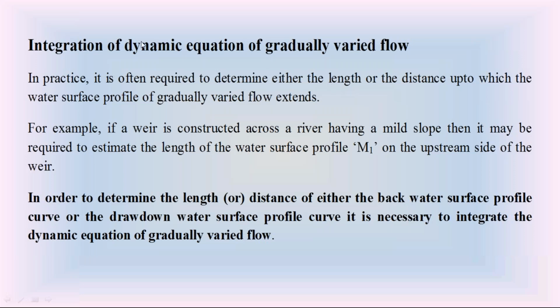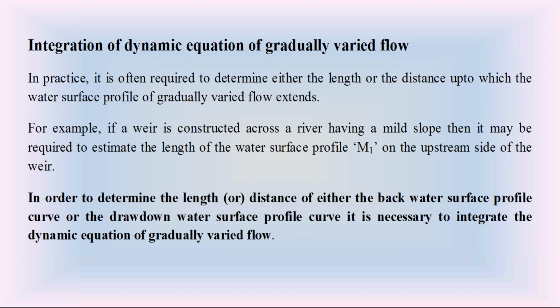So the purpose of this integration is to determine the length of the water surface profiles in gradually varied flow. The water surface profile may be of any type: M curves, S curves, C curves, H curves, or A curves. So to determine the length or distance of either the backwater surface profile or the drawdown water surface profile, whatever it may be.